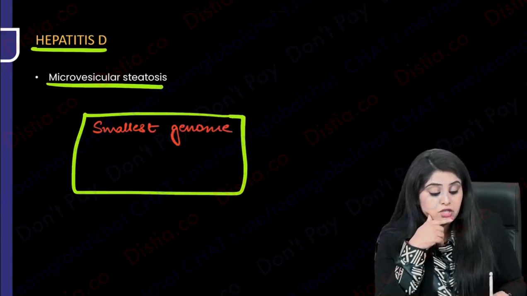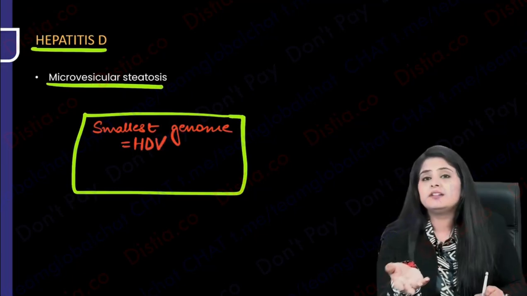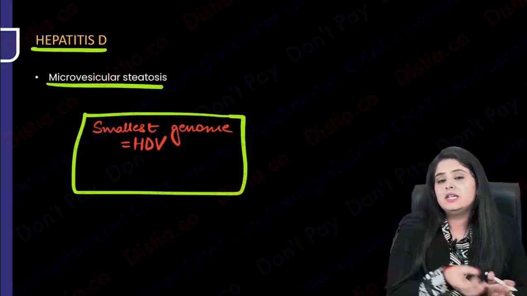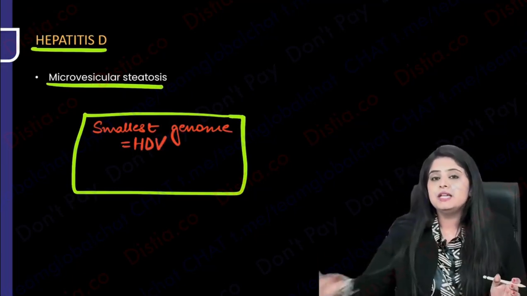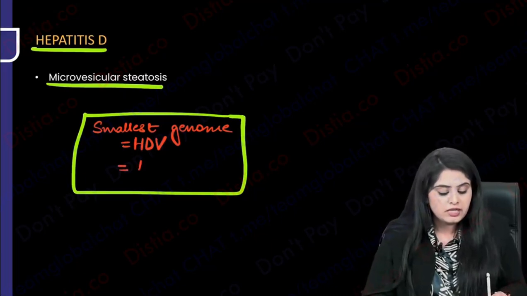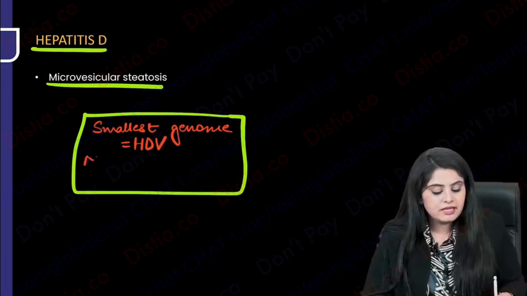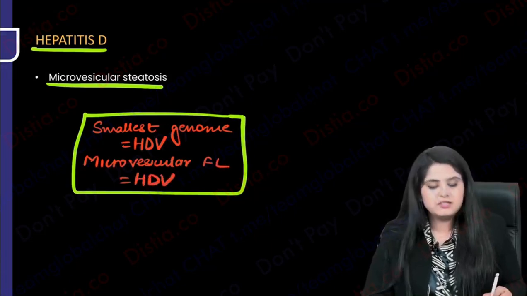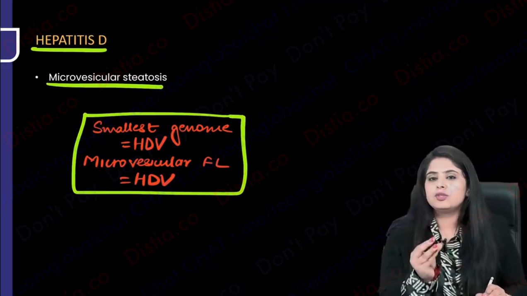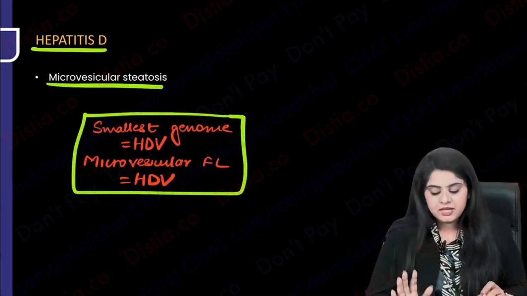The smallest genome was of this poor hepatitis D. That's why by himself he can't do anything. He's always relying on hepatitis B. He has the smallest genome. Now I need you to know that the same hepatitis D shows you microvesicular fatty liver or steatosis. So poor small genome, small fat, and that is what is going to be hepatitis D.